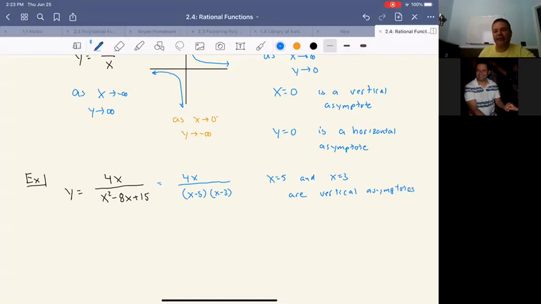I didn't talk about the domain on the last one, but I could have. For this one, the domain is negative infinity to 3, together with 3 to 5, together with 5 to infinity. Okay, so now let's go ahead and start graphing this thing.